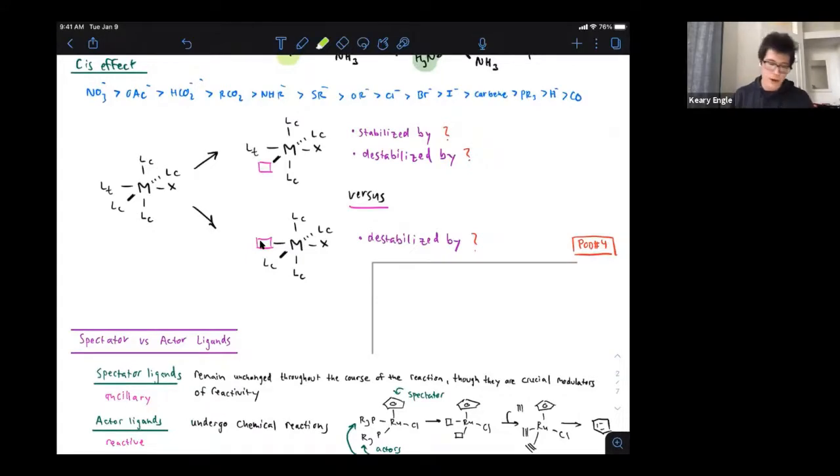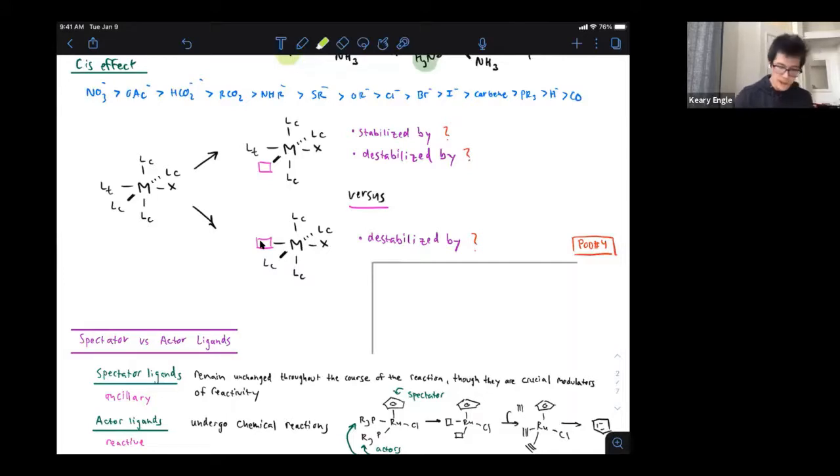Okay, and then another effect. In general, there's a lot of focus on the trans effect, but the ligands trans to the ligand being exchanged are not the only thing that affect this overall coordination environment and the electronic structure. Also, the ligands cis have an influence, and so there's another effect called the cis effect, which I think tends to be more important for octahedral complexes and square planar complexes.